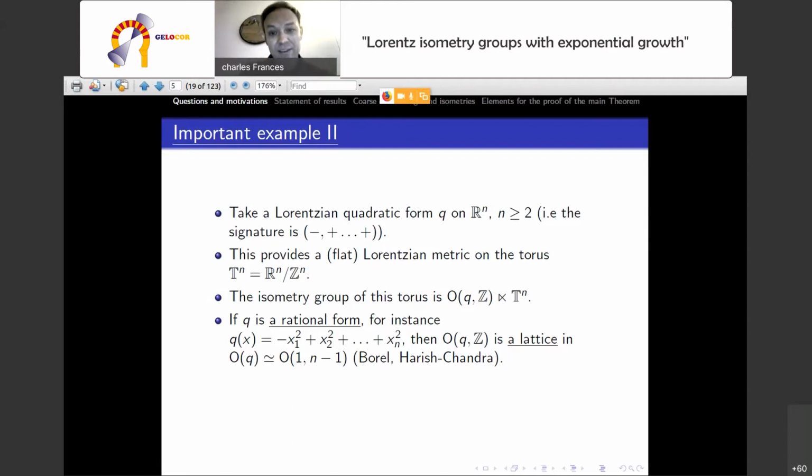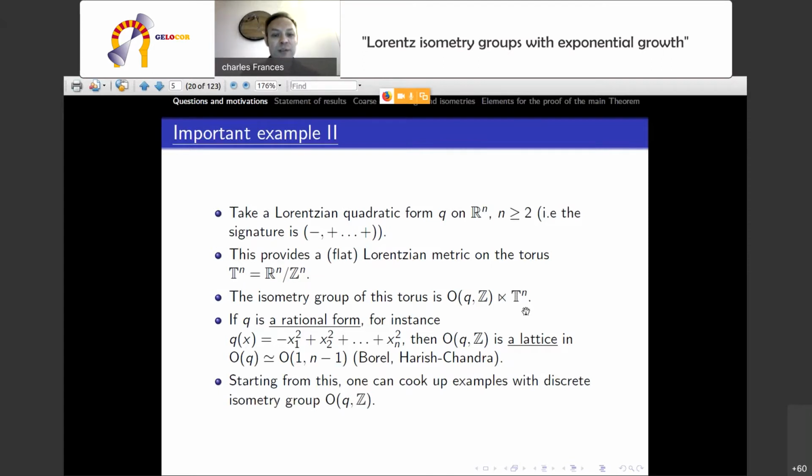And that's an interesting example because here you have an isometry group with a compact identity component, and the non-compactness comes from the discrete part, O(Q,Z). From this example, you can even cook up other examples with a full discrete isometry group isomorphic to O(Q,Z). So that's the second class of examples we should keep in mind.